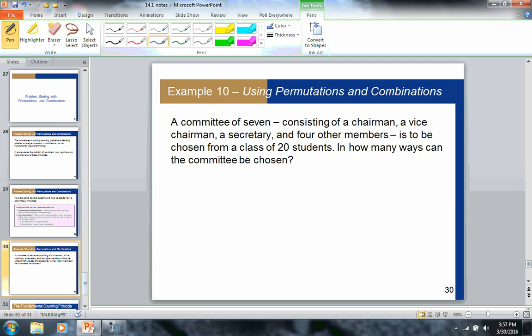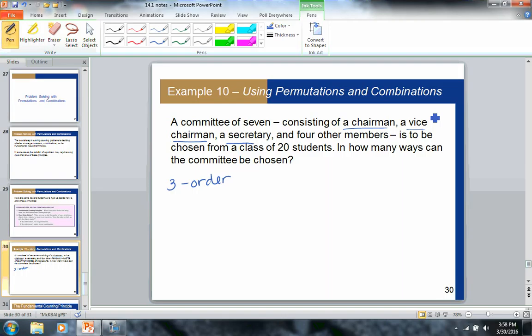There's a chairman and a vice chairman, the secretary. So there's 3 positions where order matters, because the person serving as chairman and somebody else serving as vice chairman would be completely different if their roles were reversed.